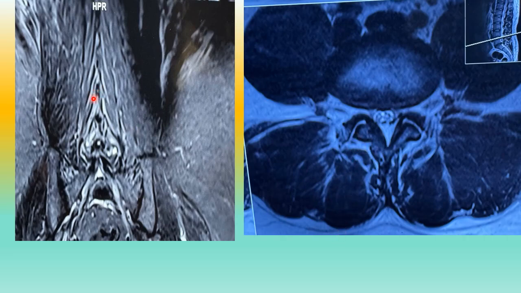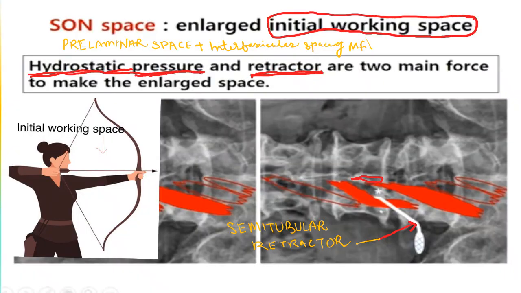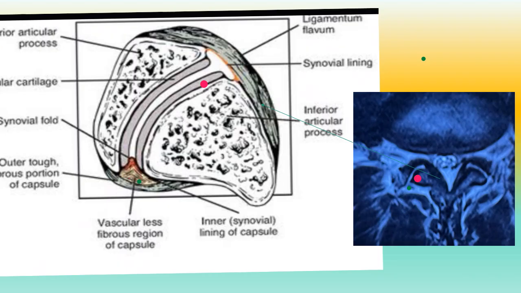You can see in MRI also, there are multiple interfascicular spaces. Three or four tips of this multifidus muscle arise from the spinous process and then attach to a single mammillary process of the SAP. So this is how we enlarge this space.